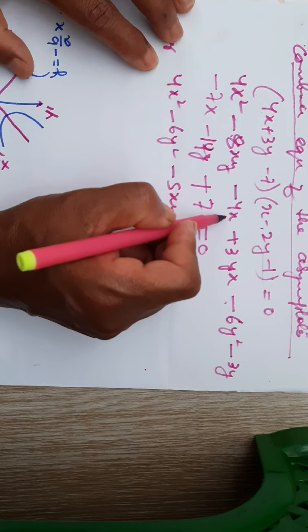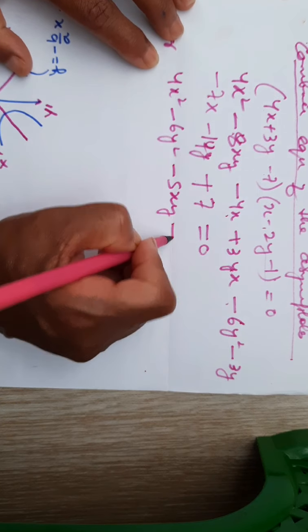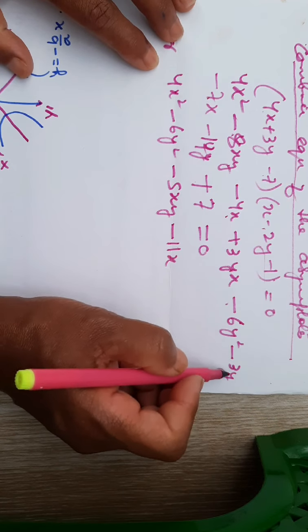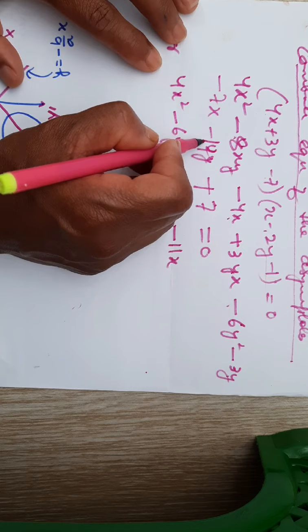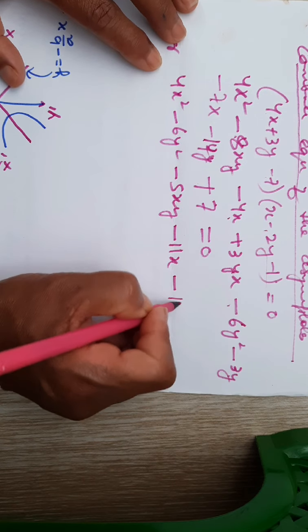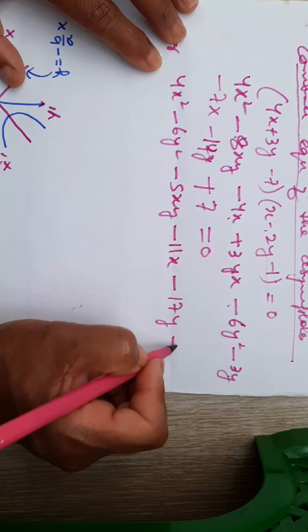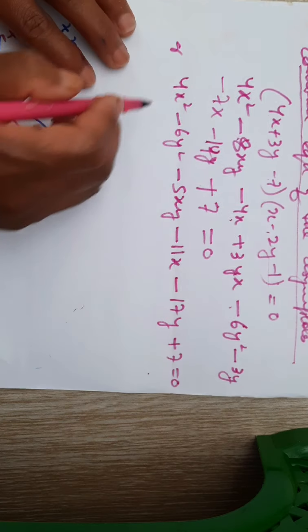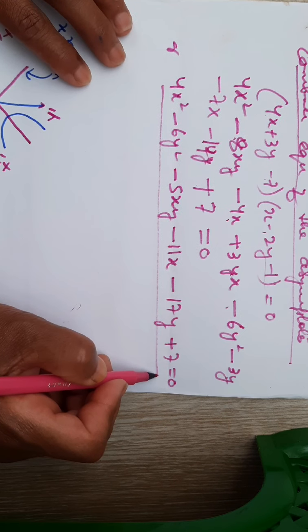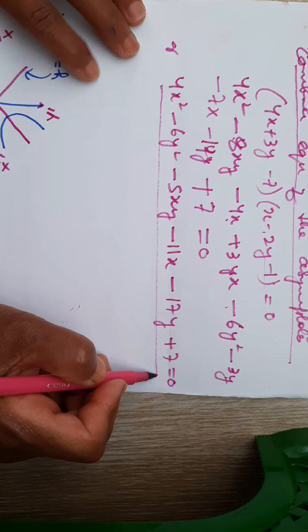Then -4x - 7x will become -11x. Then -3y - 14y will give you -17y. Then +7 is equal to 0. So this one represents the combined equation of the given two asymptotes.